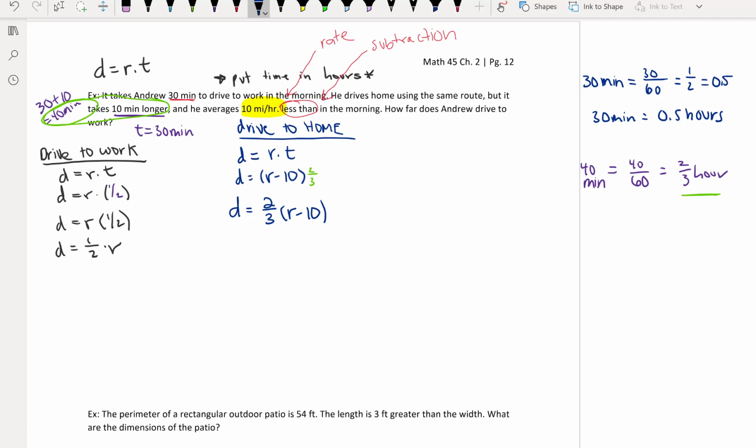So now what you want to do, I have two equations and they both have distances. So we are going to set the distances equal to each other.